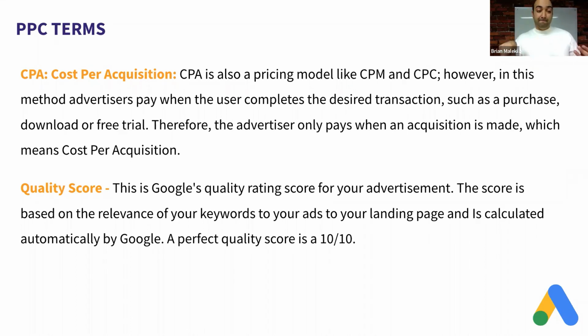And quality score, let's say you run campaigns, how do you want to understand the position, whether this campaign is a high quality, effective campaign or not? On Google, we have a quality score metric that you can actually see in your Google Ads dashboard.